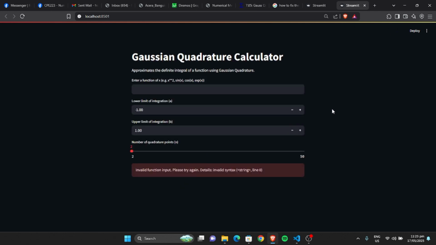and here is now the look of the code. So we have here a function plot, also the lower limit of integration, which is a, and also the upper limit of integration, which is b, and also the n here, which is the quadrature points. So for testing the Streamlit, we have to find a problem.